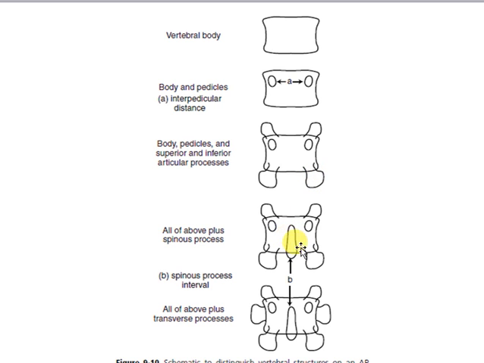Then this is the spinous process, and these are the transverse processes. So this is similar to a mask, and you can also memorize it as a person having a face like this with nose, eyes, ears, and mustaches.